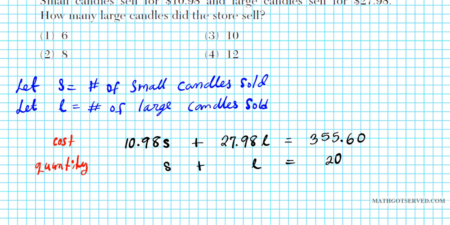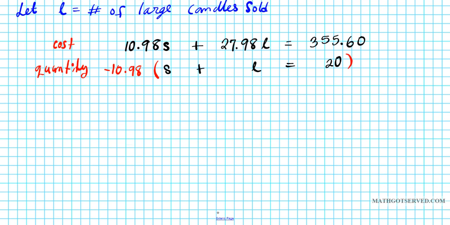So this is 10.98. If I can make this negative 10.98, then I will be able to eliminate S by combination. To make that happen, I multiply the entire quantity equation by negative 10.98. Let's see what happens.